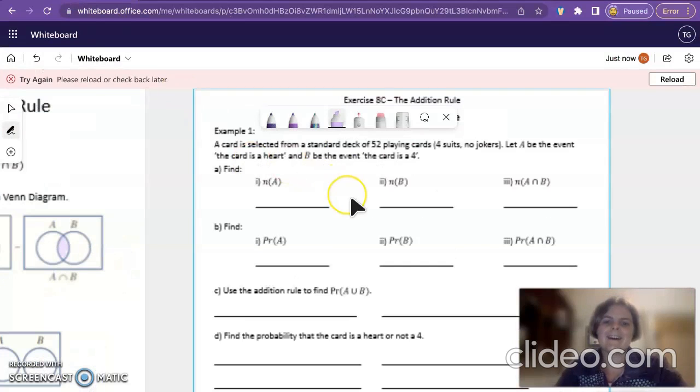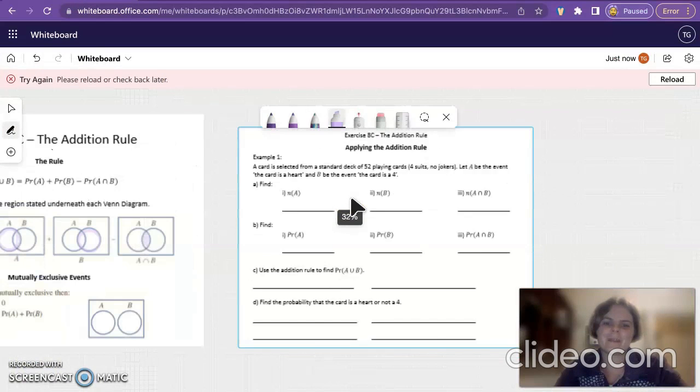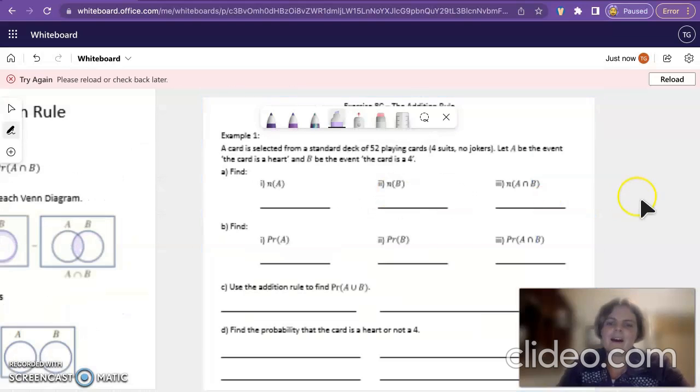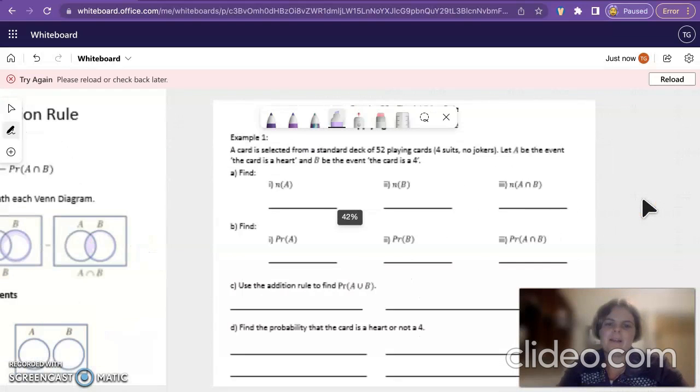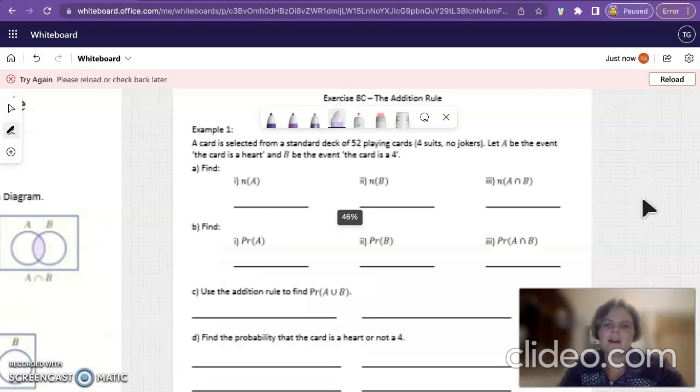So we have a card is selected from a standard deck of 52 playing cards. So we've got the 4 suits and there's no jokers. A is the event that the card is a heart, and B is the event that the card is a 4. So first off, we got to find the number of options that satisfy event A. Just remember that N means number and pr means probability.